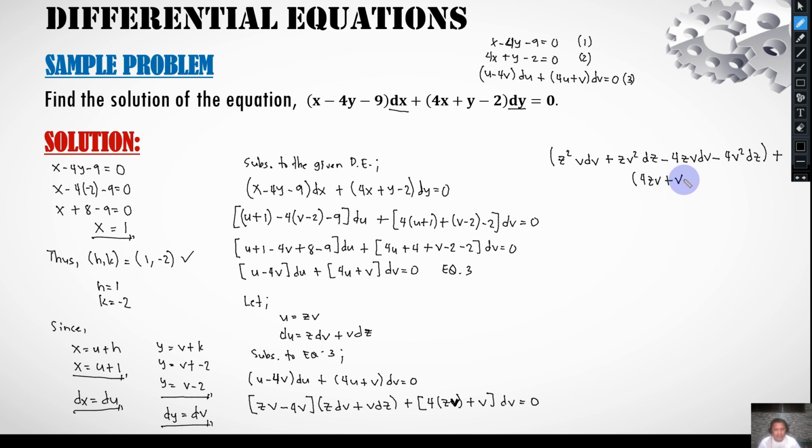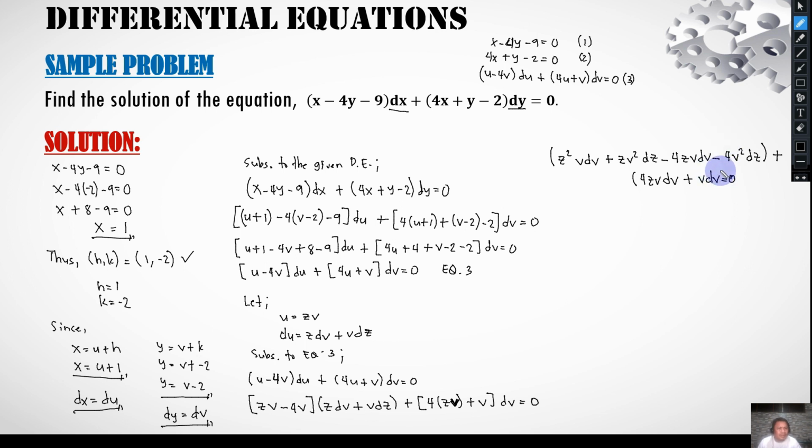So, pwede natin i-diretso na lang i-distribute itong dv doon sa loob: 4zv dv, okay? At saka plus v dv is equal na to 0. Okay? So, meron tayong parenthesis dyan.